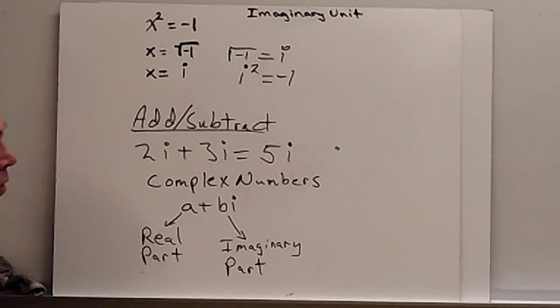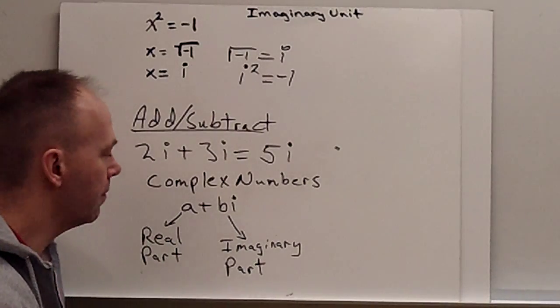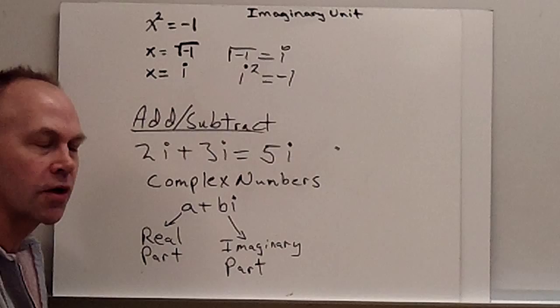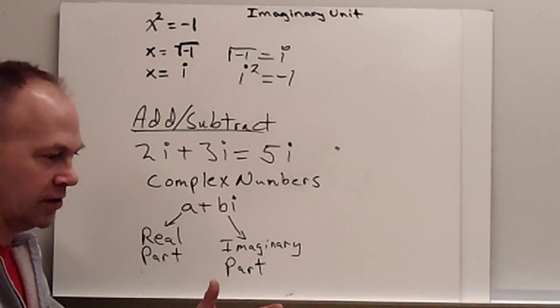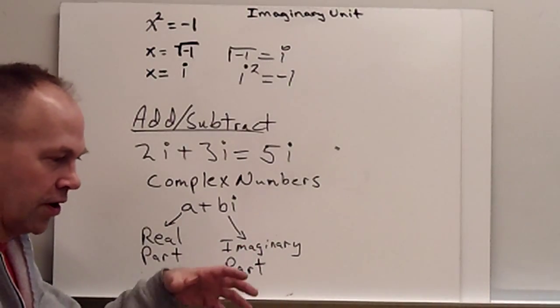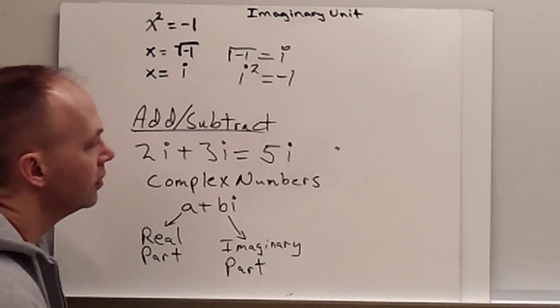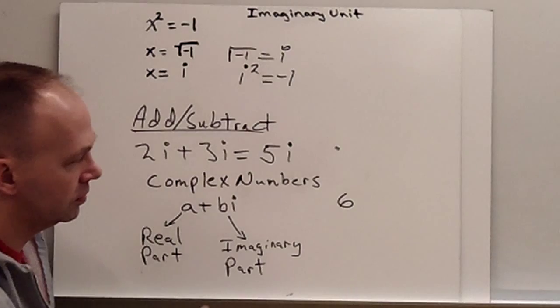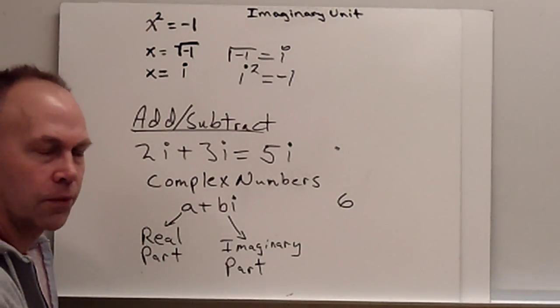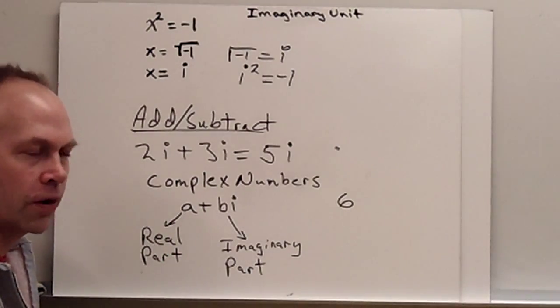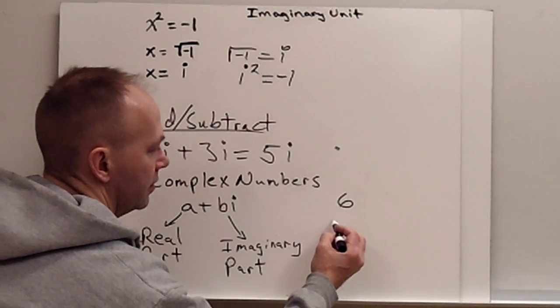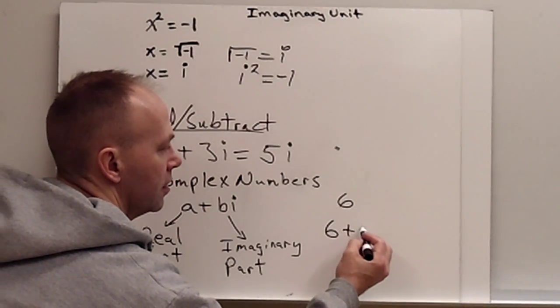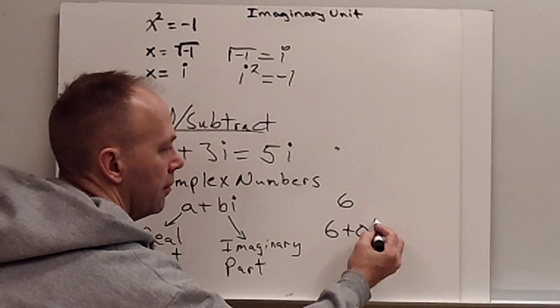Now, any number at all can be written as a member of the complex numbers. Because we took the reals and the imaginaries together, they all fall under the complex. So when I have a number like 6, which we think of as just a real number, there's no imaginary part to it. Well, I can write it as 6 plus 0i.